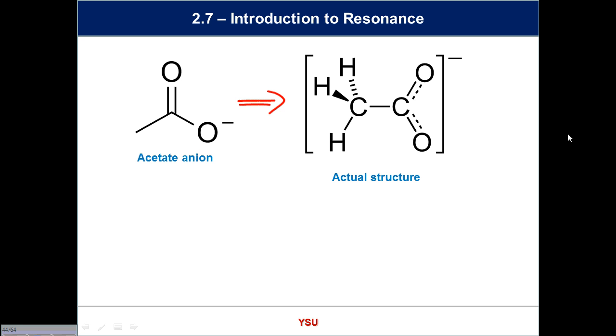So what's going on here is spreading out of electrons. And I'll go back a second and put my lone pairs in. We are suggesting that 3 lone pairs are sat here and 2 lone pairs are sat there. The negative charge is a lone pair. The picture on the right is suggesting that that extra lone pair is not sat on that oxygen. It is actually spread out amongst the 2 of them.